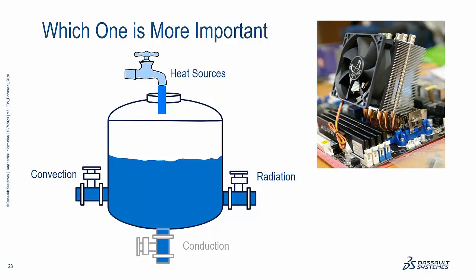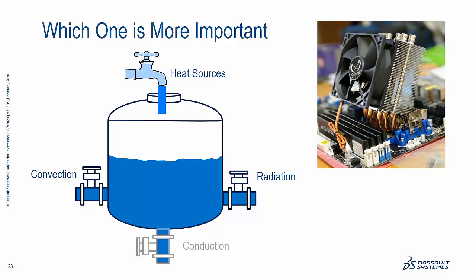So you see the colors I used. I had the convection and radiation in blue, but the conduction in gray. There's a reason for that, because the conduction happens inside the solid. Like the picture we're showing on the right, heat generated inside the solid doesn't really leave the solid. It needs to go to other places on the connected solid.